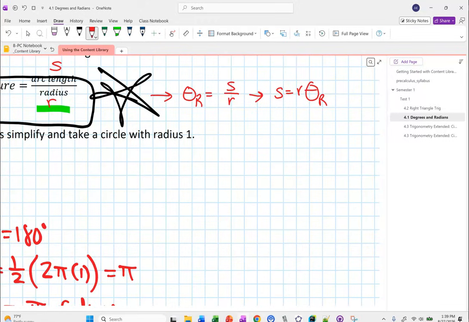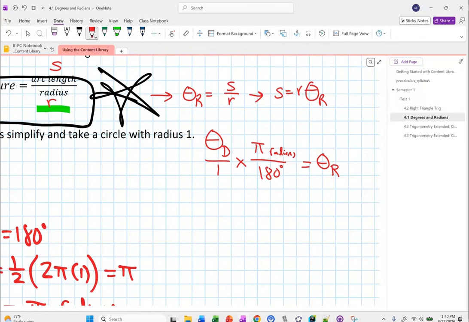What happens if I have an angle in degrees instead of radians, and I want to use this formula? What am I going to have to do first? Convert it to radians, right? So if this is an angle in degrees, I have to have degrees on bottom and radians on top, right? And the output for this will be an angle in radians.